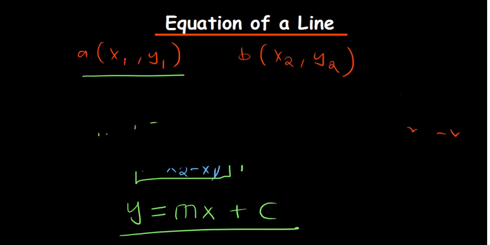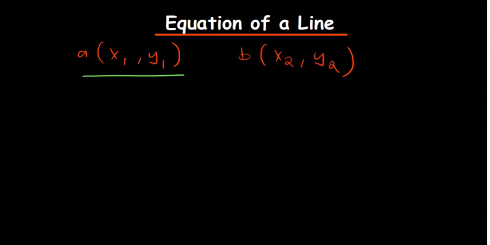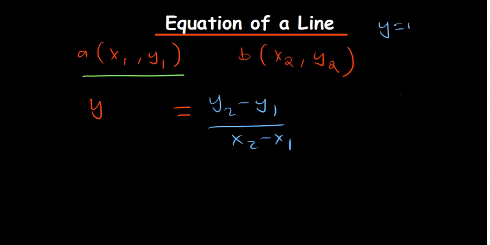The other alternative is to use the same form, y is equal to mx plus c. For the gradient, remember it's y2 minus y1 over x2 minus x1. I've just substituted the gradient formula, and we have our value x, and then plus c.